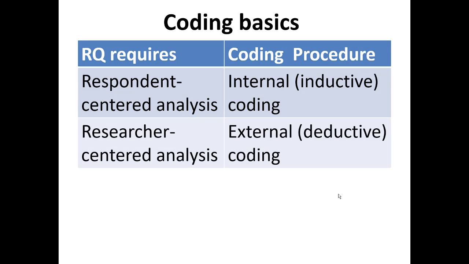And in this case, we might instead be interested in using external, sometimes called deductive coding. And I've seen fewer other names for this kind of coding. But in this second case, you as a researcher already have some categories in mind for how you will code.